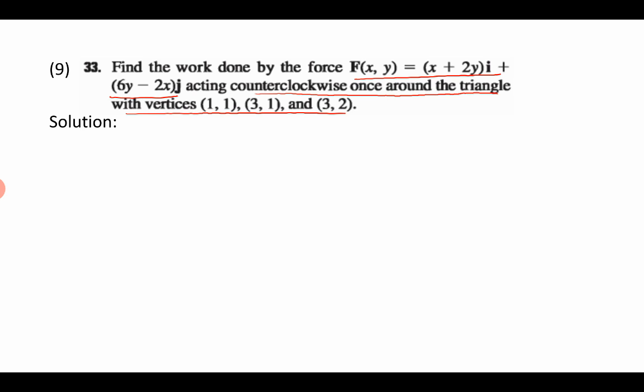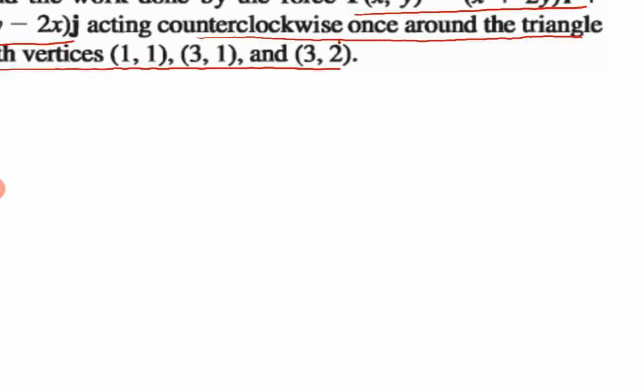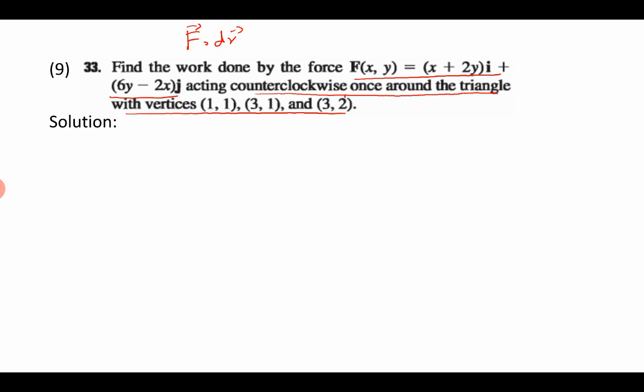And we need to find r vector for every straight line, because F dot dr, we know work done is nothing but F dot dr. So we need the position vector and then differentiate it to get dr vector. Take the dot product with F, integrate it. This should be done along every curve, c1, c2, c3. Let's see how many curves there are.